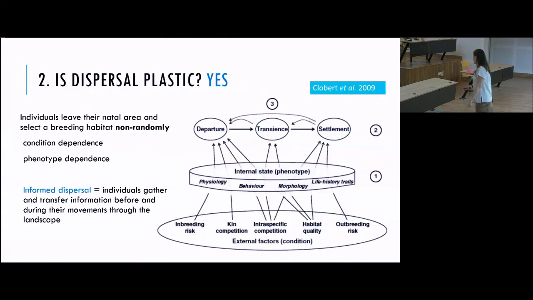So the second question in the review was, is dispersal plastic? Can you define for me phenotypic plasticity? You know what we call phenotypic plasticity?